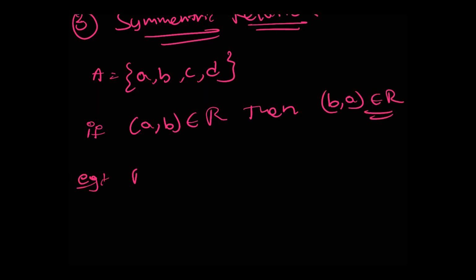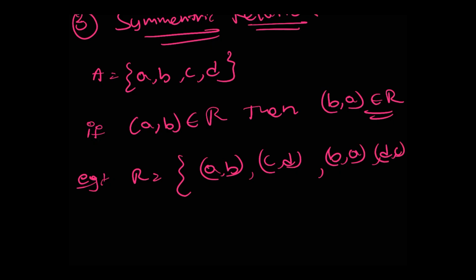Example, if R is {(a, b), (c, d)}, then this R must also contain (b, a) and (d, c).